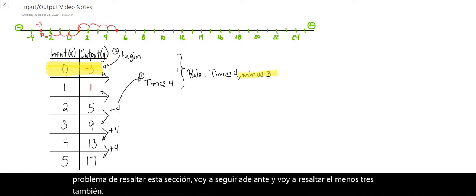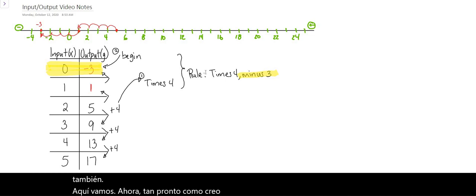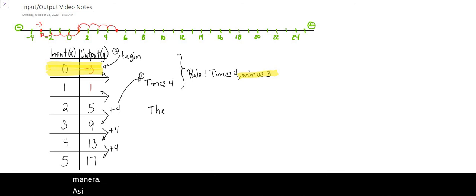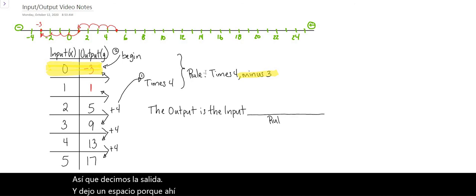There we go. Now, as soon as I create my rule, the next thing I have to do is I have to go ahead and kind of insert it within my sentence. And the sentence always begins the same way. So we say the output is the input, and I leave a space because that's where the rule will go.